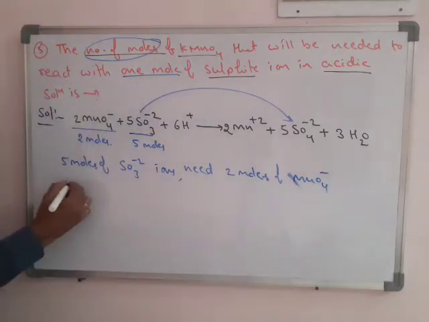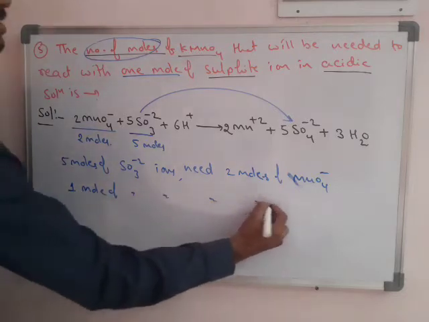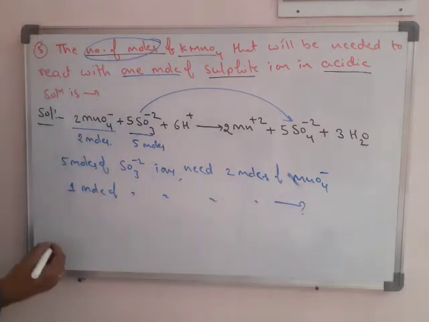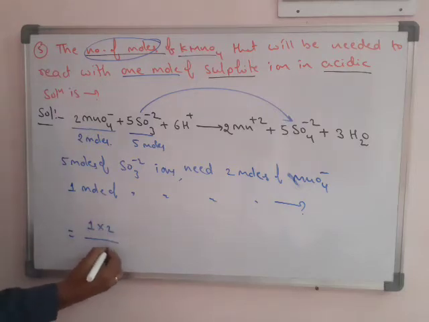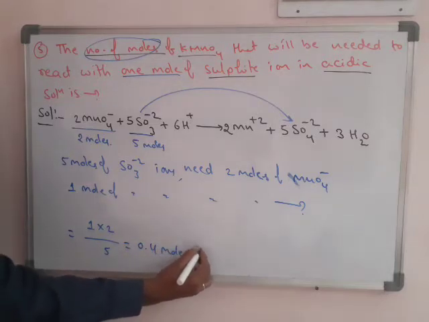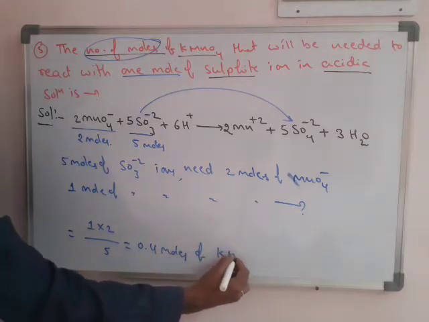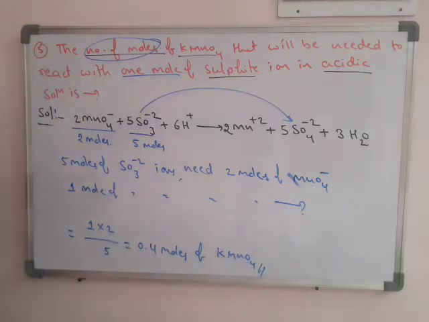Then what about 1 mole? Simple. 1 mole of sulfite ions needs how many moles of MnO4 minus? Class multiplication, so we get 0.4 moles. 0.4 moles of potassium permanganate is required.